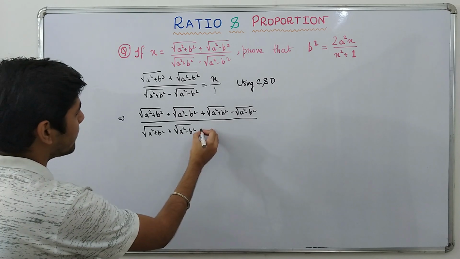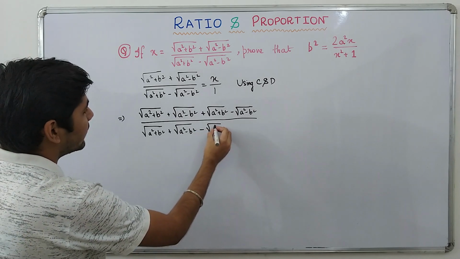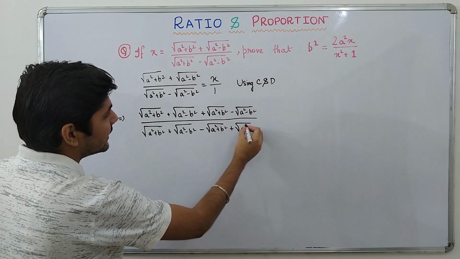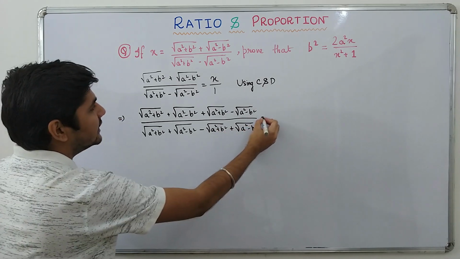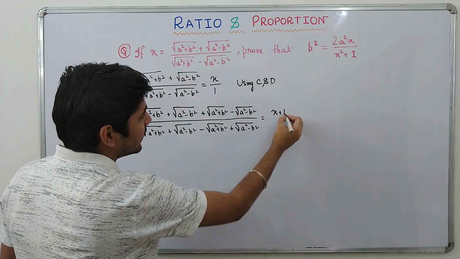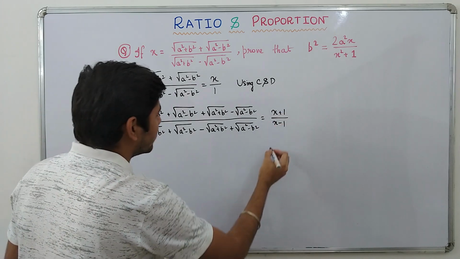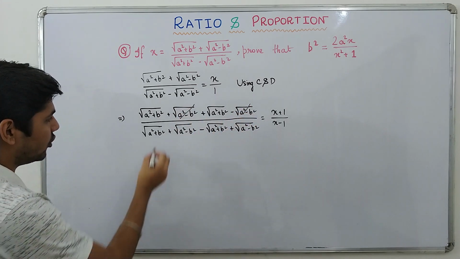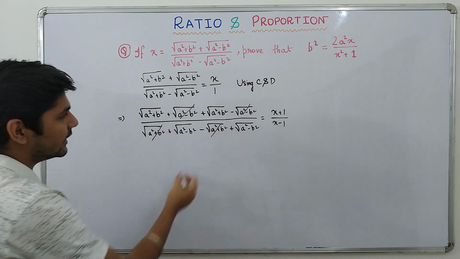So over here we get minus root over a square plus b square plus root over a square minus b square is equal to x plus 1 by x minus 1. This and this gets cancelled out, and over here this and this gets cancelled out.